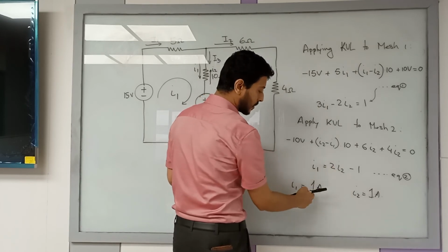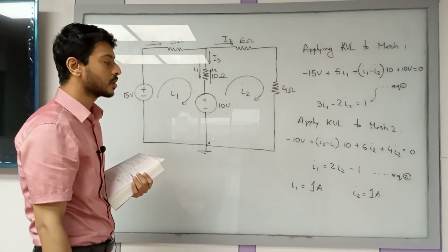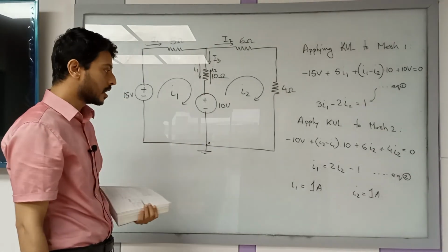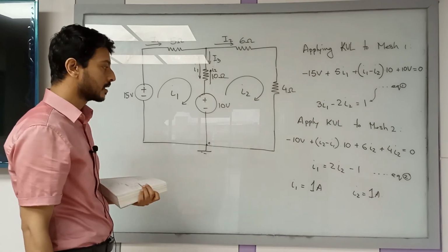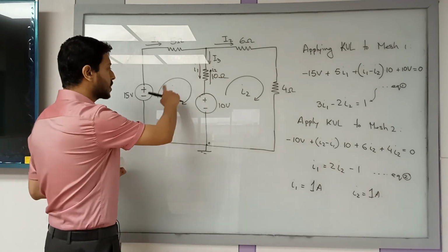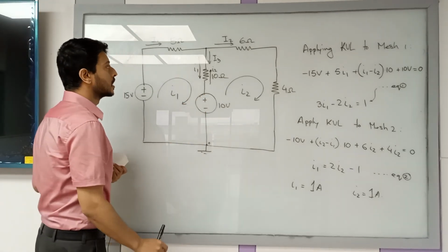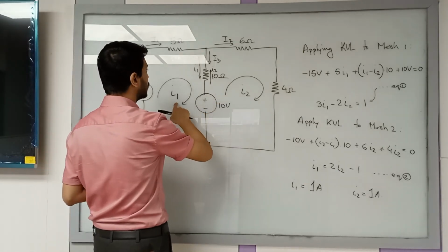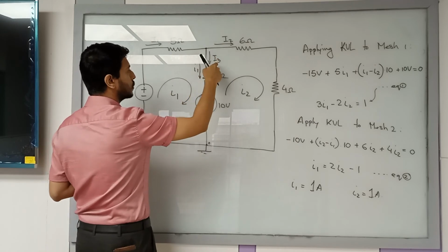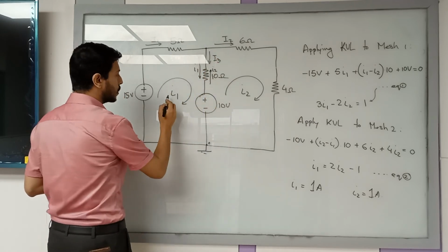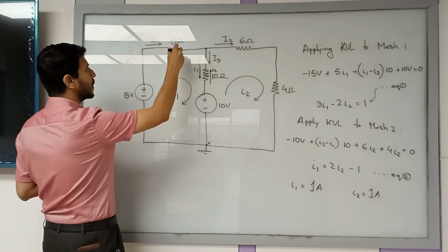2 minus 1 is also 1. So I1 is equal to 1 ampere. I2 is also equal to 1 ampere. So these are the unknown terms you were asked to find. These are the mesh currents you were asked to find in your question. So if you know I1 and I2, you can also find capital I1, capital I2 and capital I3. If you observe, this I1 is flowing through this 5 ohm.